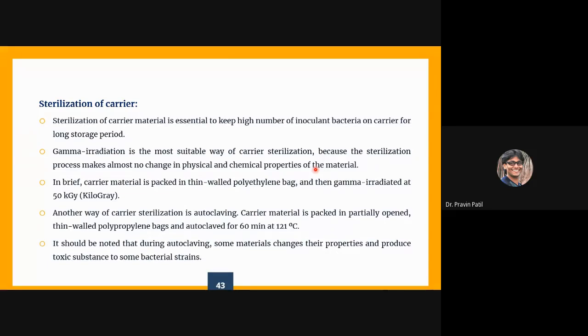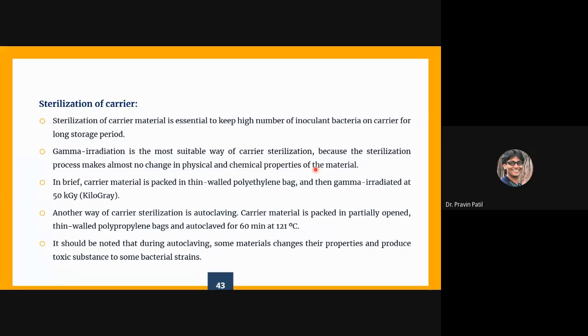However, it is to be noted that during the autoclave process, several modifications occur in the basic composition or structure of a particular component, which can alter its functionality. And that is why, even though autoclave can be used, using gamma irradiation would be preferred when we are talking about the sterilization of carrier. Why?